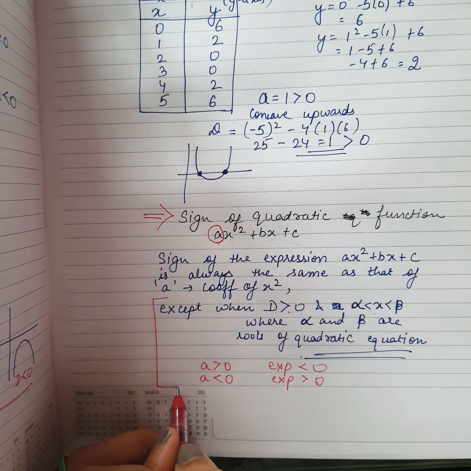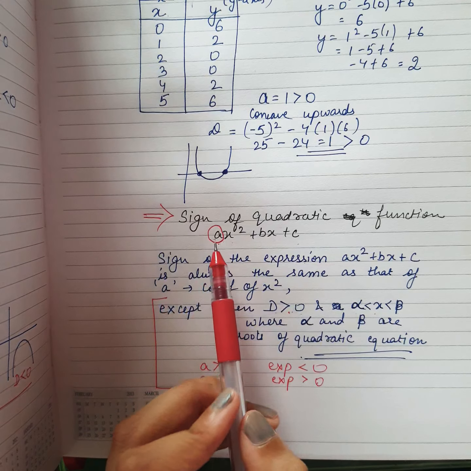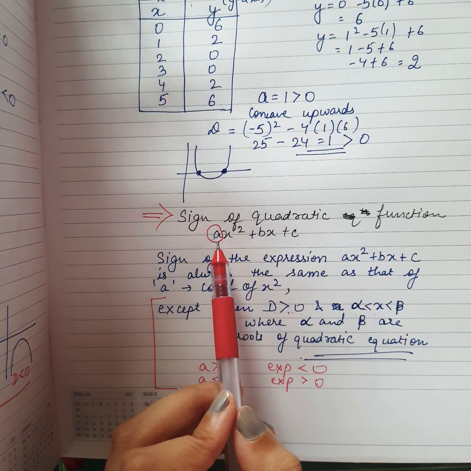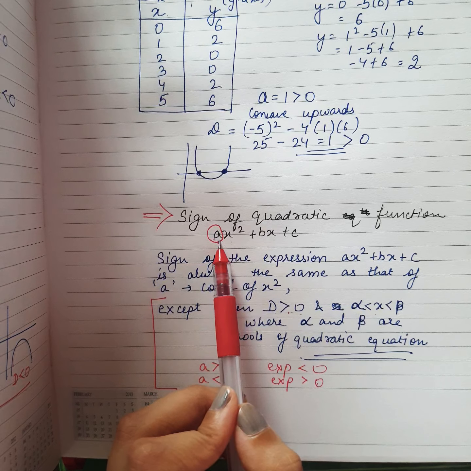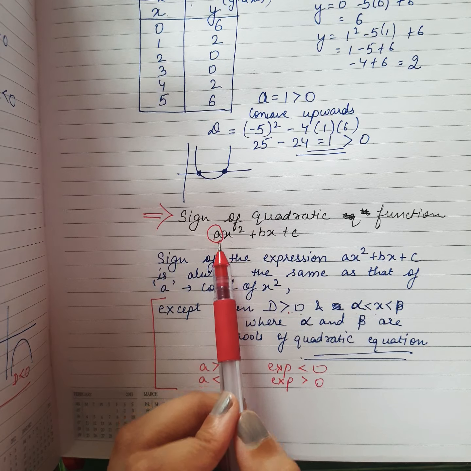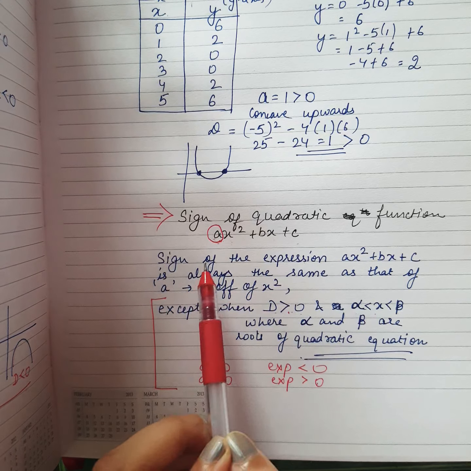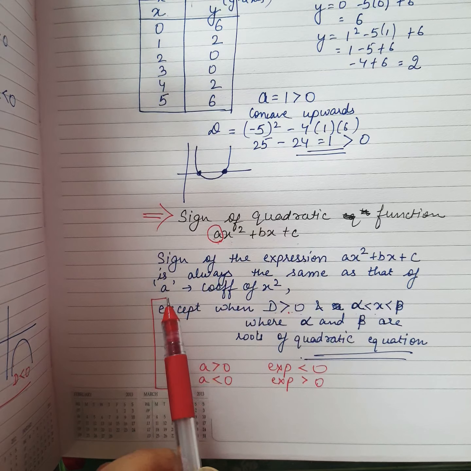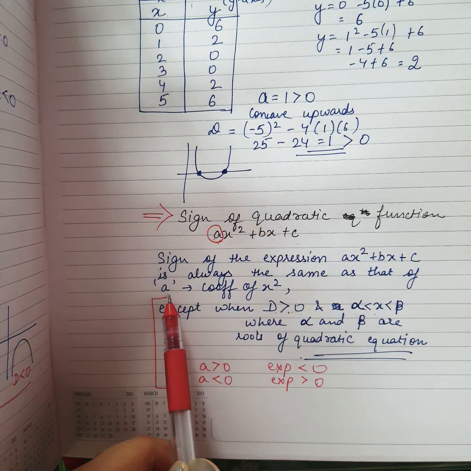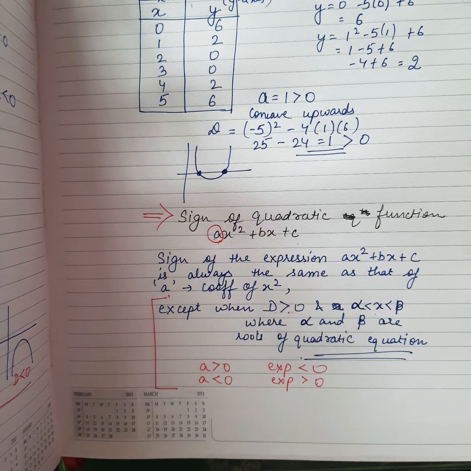In all other cases, whether discriminant is less than 0 or equal to 0, the sign of the expression will be the same as the sign of a. Need not go into further detail.